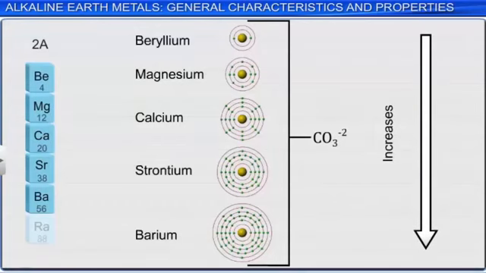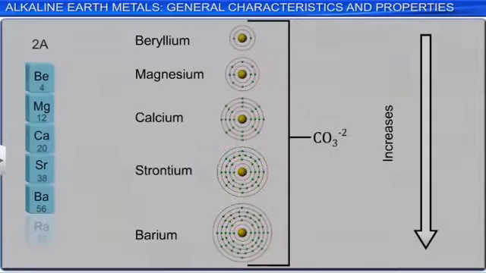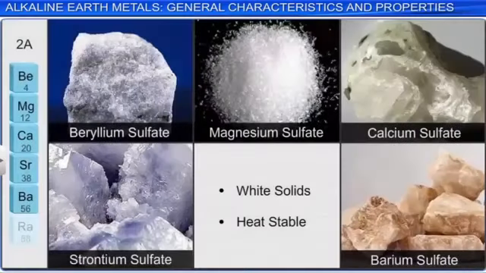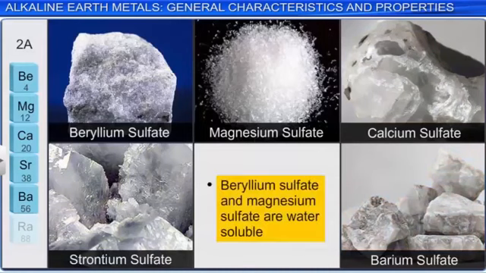The White Cliffs of Dover consist primarily of calcium carbonate. The thermal stability of carbonates increases as the metal cation increases in size. Beryllium carbonate is unstable and must be kept in a carbon dioxide atmosphere. The sulfate salts of the group 2 metals are white solids that are heat stable.